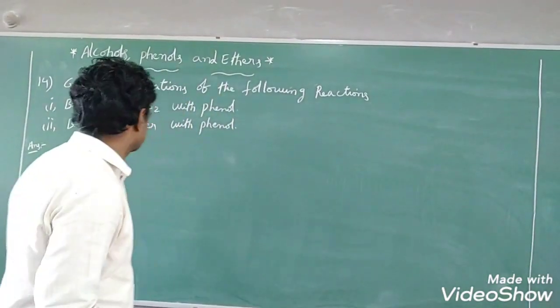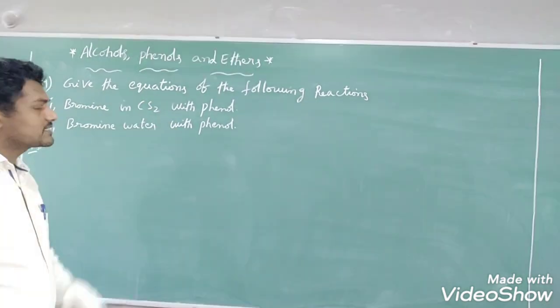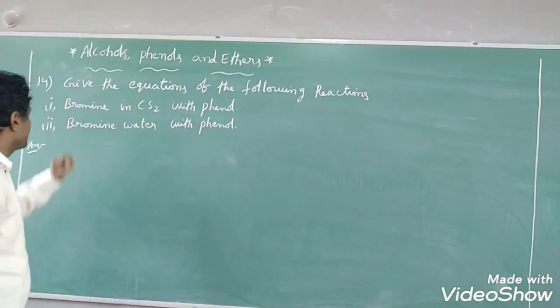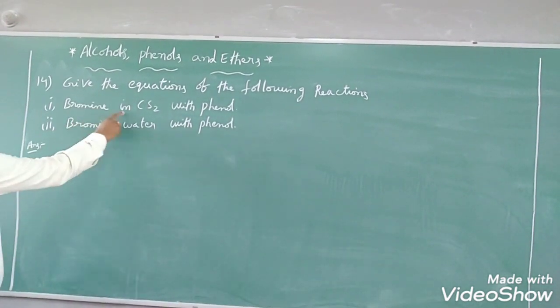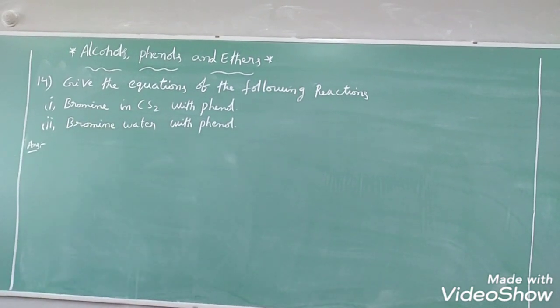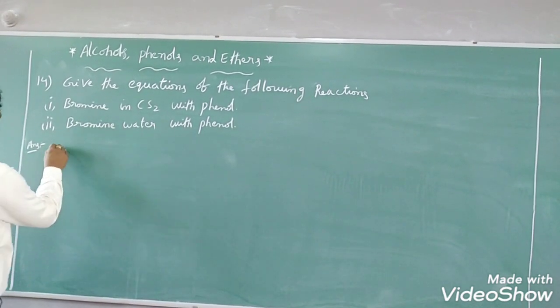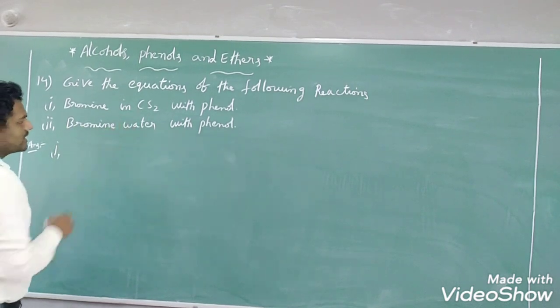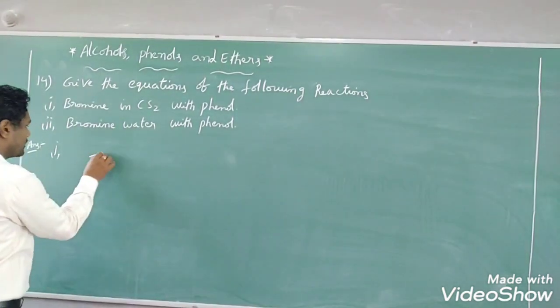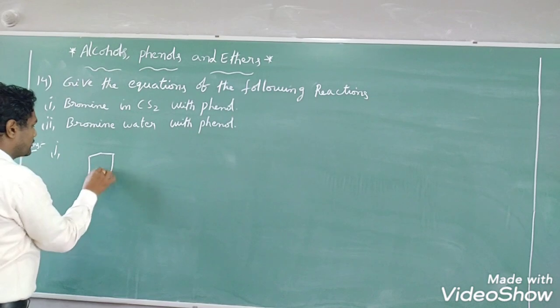Let us see the next important question, students. Give the equations of the following reactions. The first one they have asked: bromine in CS2 with phenol. What will happen? You take phenol.